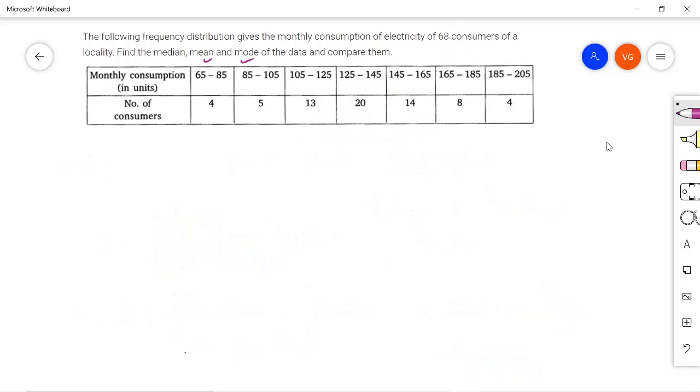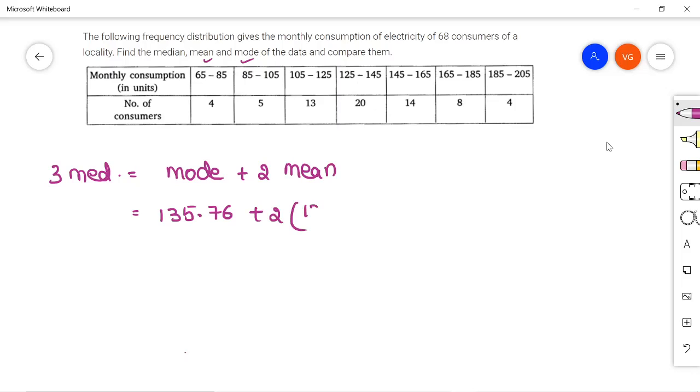As we have already calculated the mean and mode, we know the relationship between median, mean and mode: 3 times median is equal to mode plus 2 times mean. So just substitute the values here. Mode is 135.76 plus 2 times 137.058.